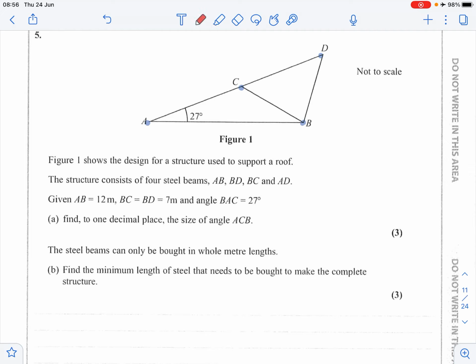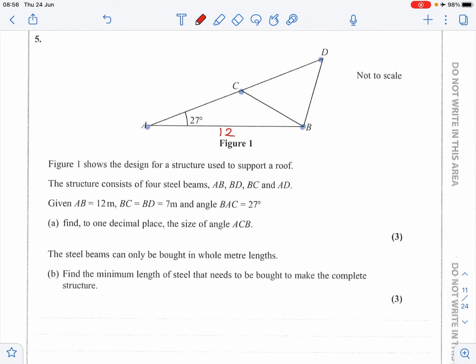It's given that A to B is 12 meters, BC is 7 meters, BD is also 7, and the angle BAC is 27. So for part a, we want to find, to one decimal place, the size of angle ACB.